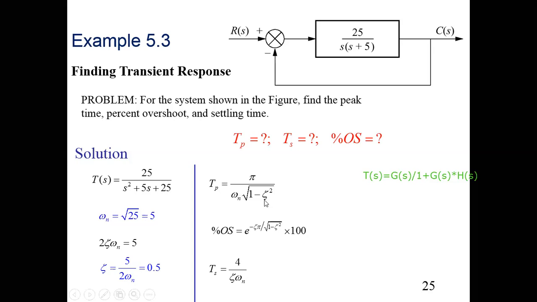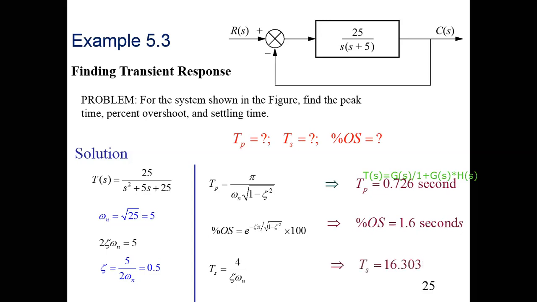Here we have two unknown variables, omega n, the natural frequency, and zeta, the damping ratio. We have found these two values. By putting these values in the formulas, we can find the peak time, percentage overshoot, and settling time. Peak time is found to be 0.726 seconds. Percentage overshoot is 1.6 percent. And settling time is 1.6303 seconds.